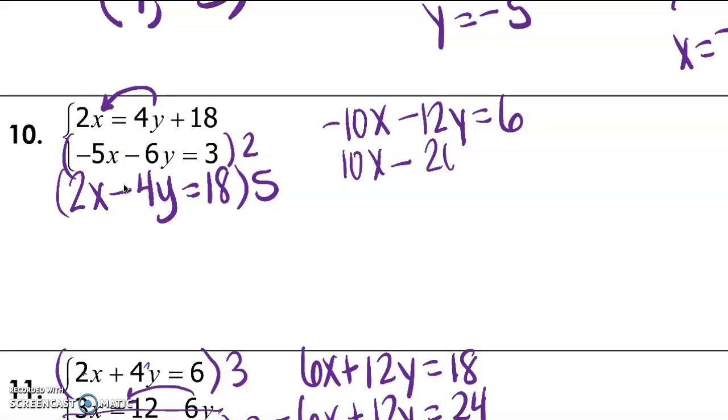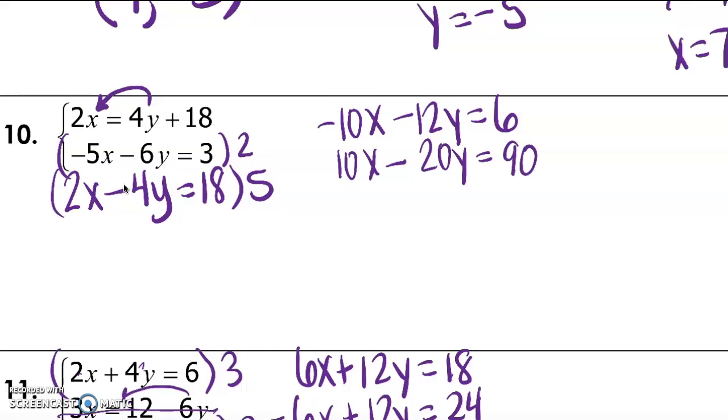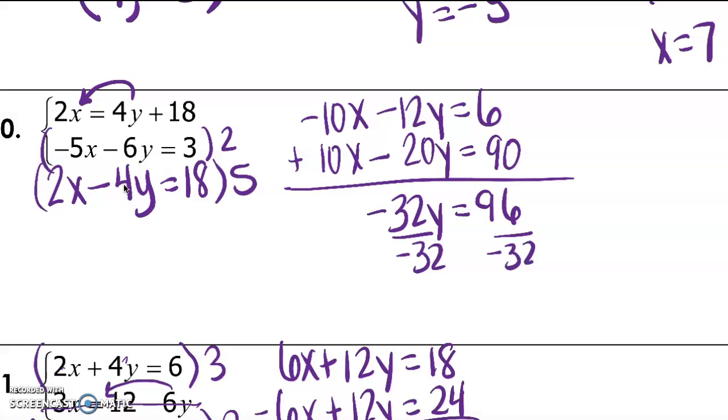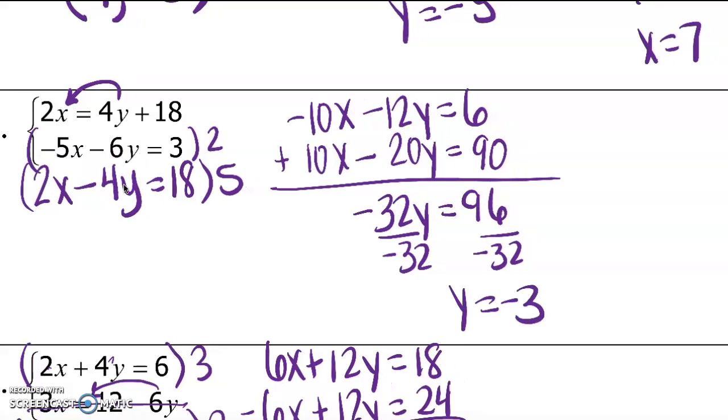10x minus 20y is equal to 90. We have opposites, -10 and +10, so we need to add. That would give me -32y is equal to 96. Divide by -32, and y equals -3.